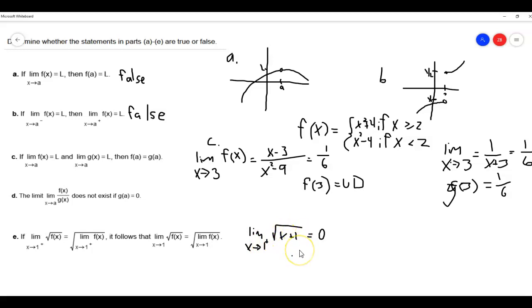It's going to get closer and closer to 0. But we can't even evaluate that from the left-hand side.